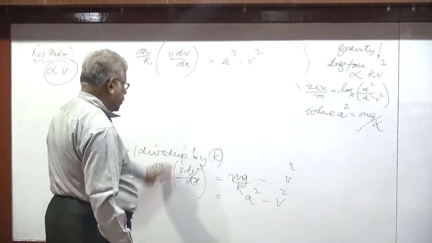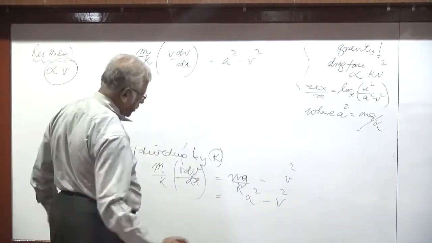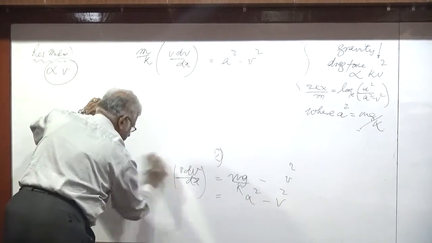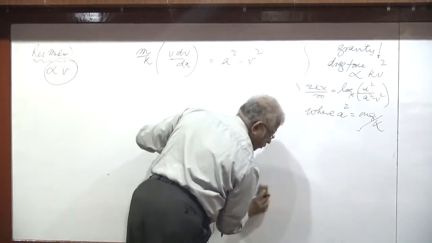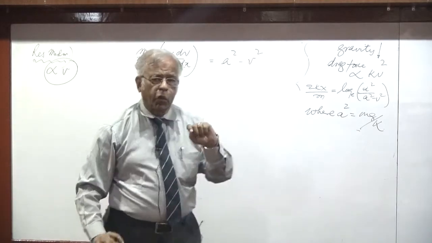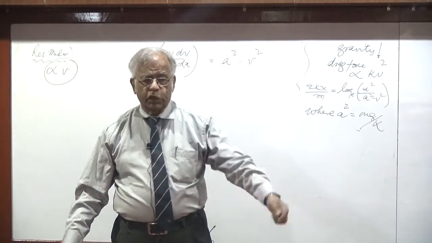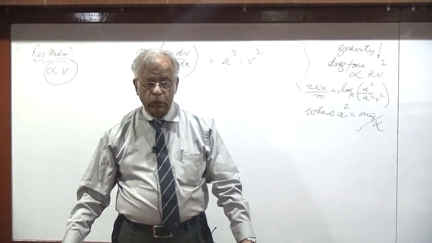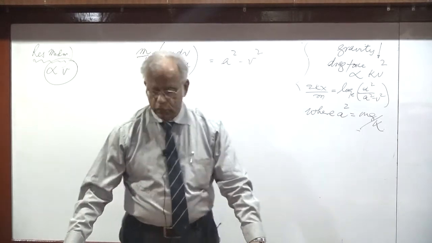Now this can go, a square minus v square is gone on top, so we drop out this part because all this space will be needed when we integrate the differential equation. Here I wish to make a point. Some books on differential equations use the following language: integrate the following differential equation.